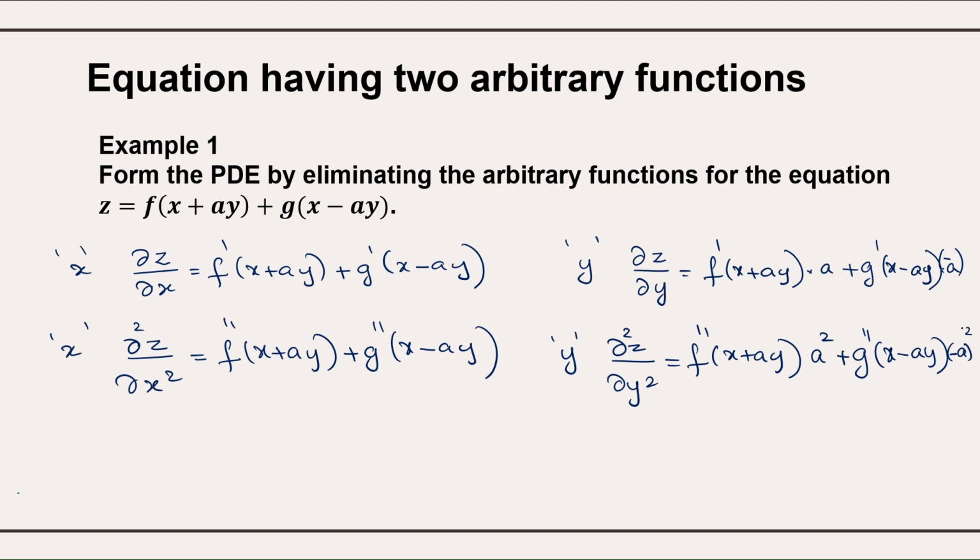Minus a whole square is nothing but plus a square. So we can take a square as a common term, into f double dash of (x plus ay) plus g double dash of (x minus ay). So this can be considered to be dou square z by dou y square. But what happened to dou square z by dou x square?